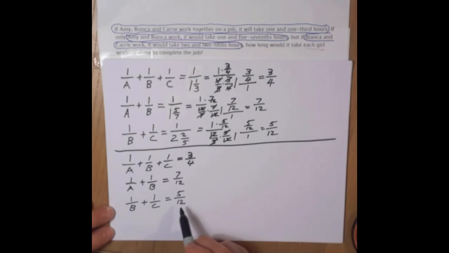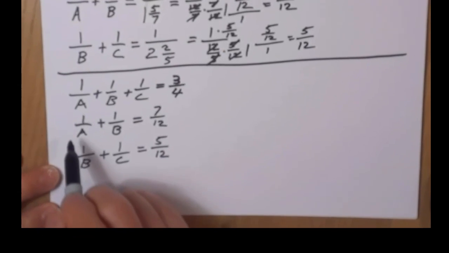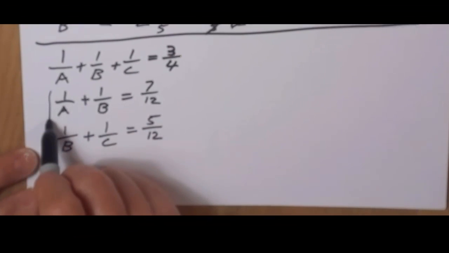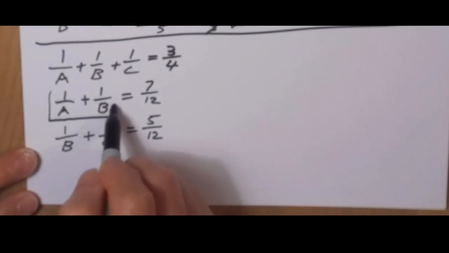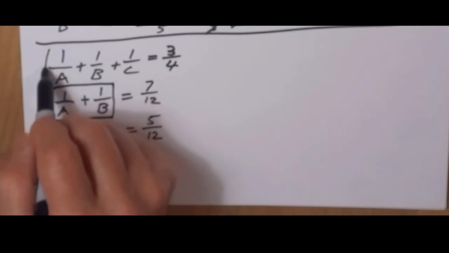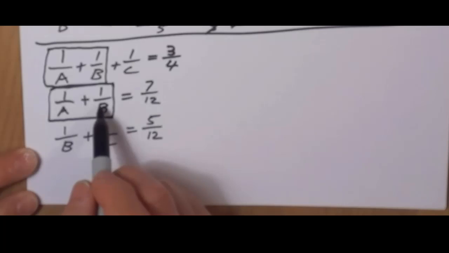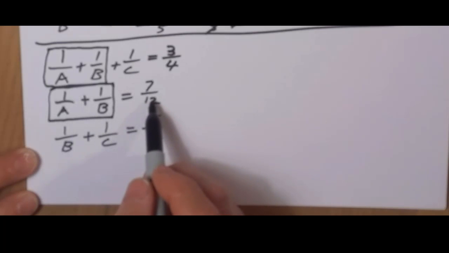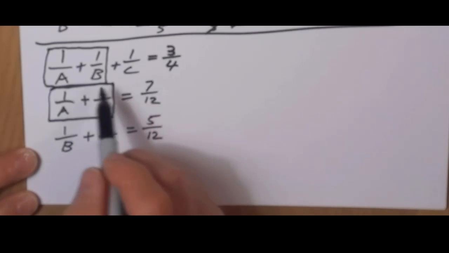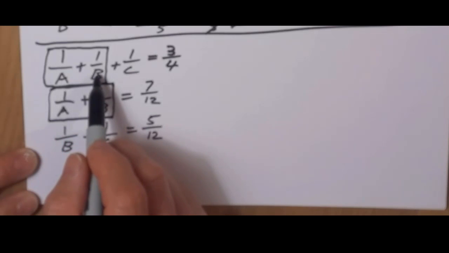Well, there's a lot of ways we could do this, but I think probably the best way, if you can see this, just stand back and look at it for a while, you'll see that 1 over A plus 1 over B is right here too. And if 1 over A plus 1 over B equals 7/12, then 1 over A plus 1 over B over here equals 7/12.